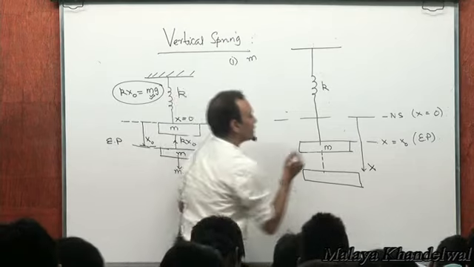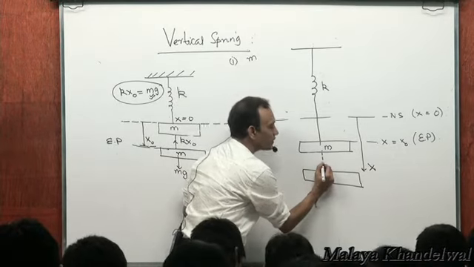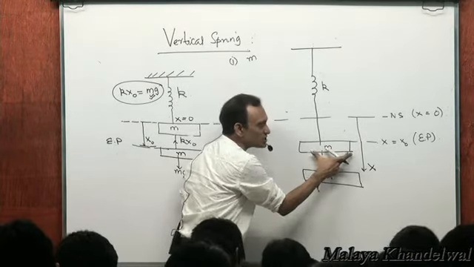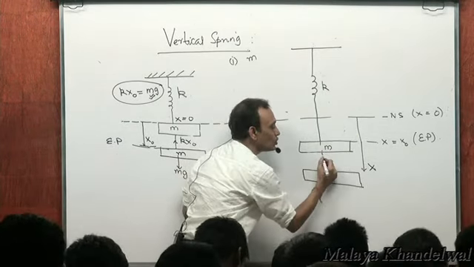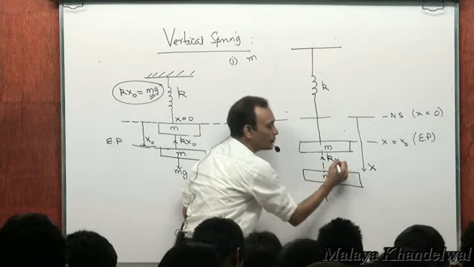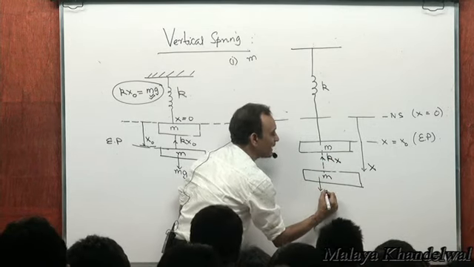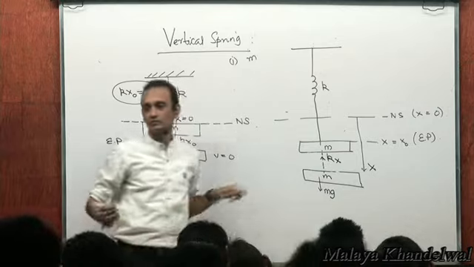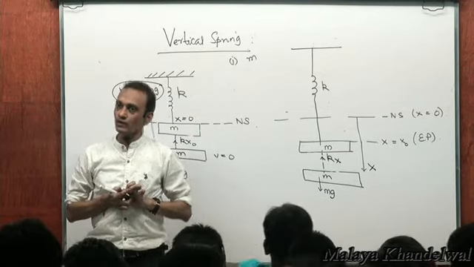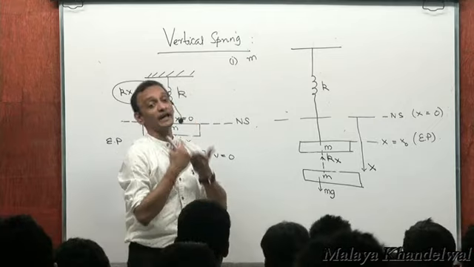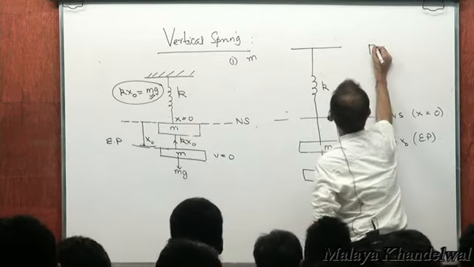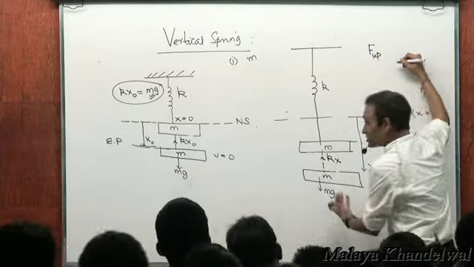Now realize that in this state, when the mass was displaced by an amount x, not from the equilibrium position but from x equal to 0, the force acting is kx upwards and weight mg downwards. So the net force acting on the mass is F upwards, which is a restoring force.